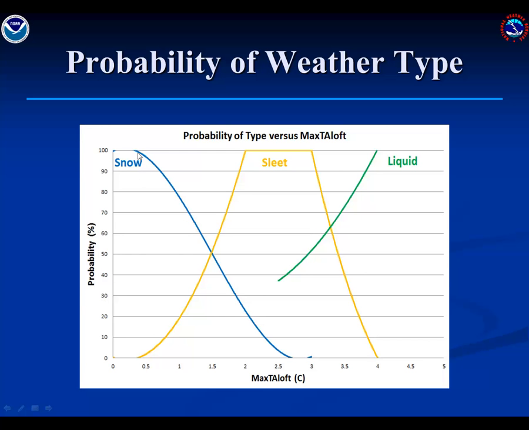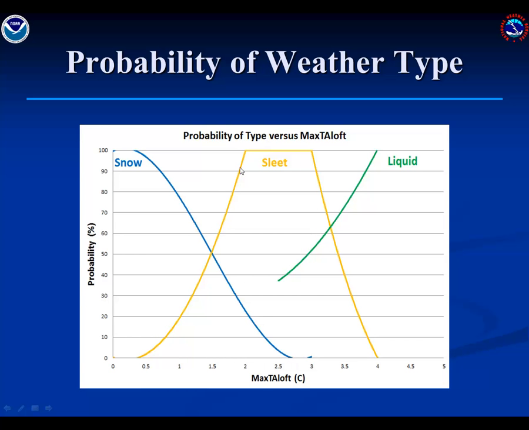When the warm layer maximum temperatures aloft are cool, we see snow because the hydrometeor is obviously not melting. So as warm layer maximum temperature increases, we dramatically drop off the snow curve. As we move into warmer temperatures, basically between about 1 and 3 Celsius, we increase the sleet probability to near 100% between 2 and 3 degrees Celsius.